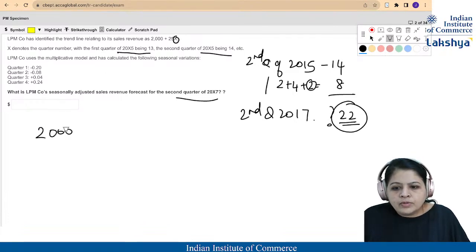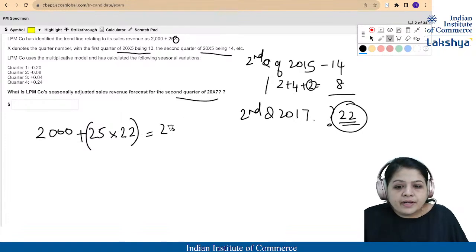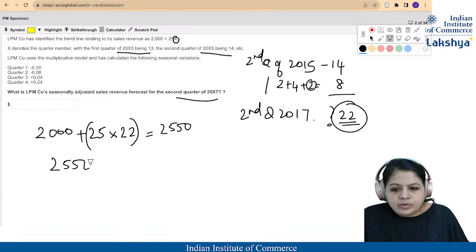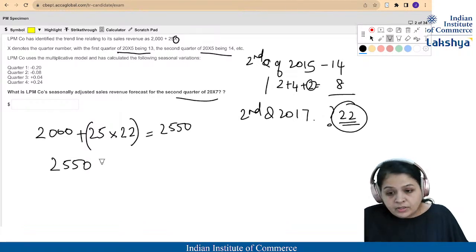It's going to be 2000 plus 25 multiplied by 22. This figure comes out to be 2550. And this 2550 now, if you notice, we have to use the multiplicative model, right?